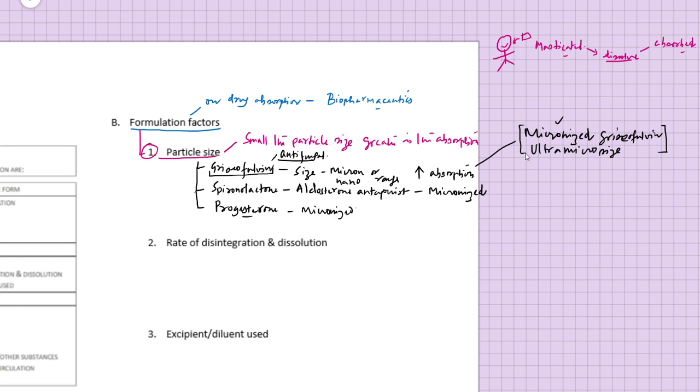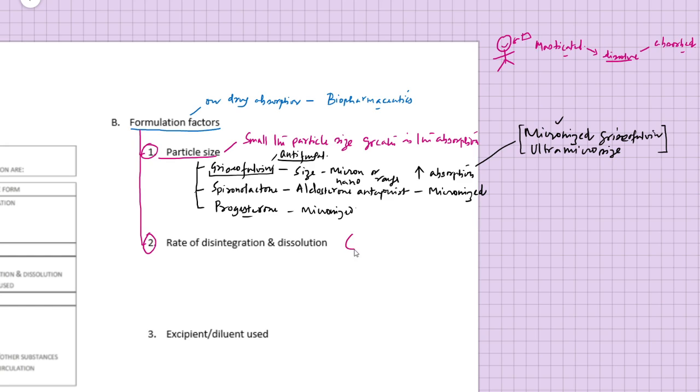Okay. So now we know why we are micronizing, and we also understood that particle size influences absorption of drug from the GIT. So the second factor here is rate of disintegration and dissolution.